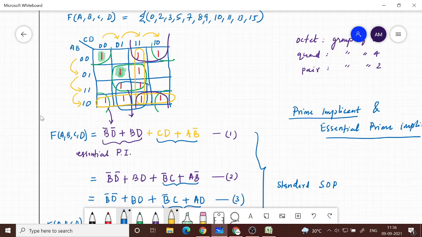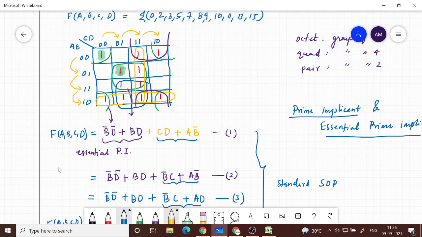So when you simplify a boolean expression, those prime implicants will definitely be present. If two people are solving this problem, both of them will have those terms present in their expression. Similarly, there is another one which I have highlighted, corresponding to 0 1 0 1.